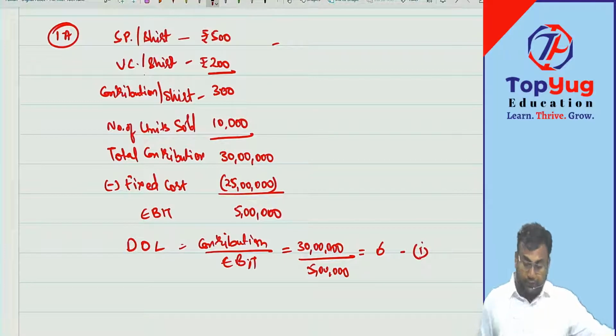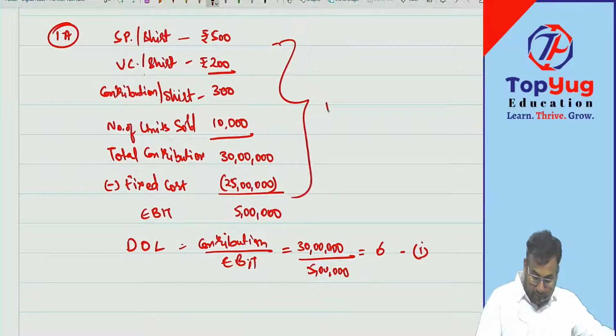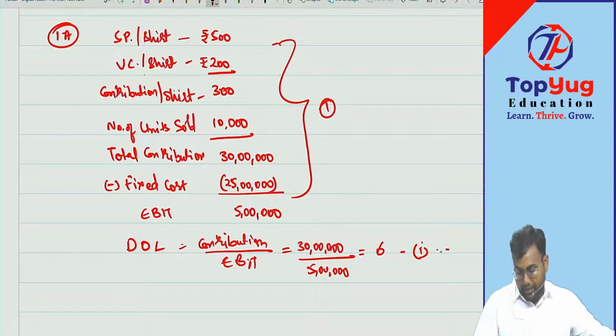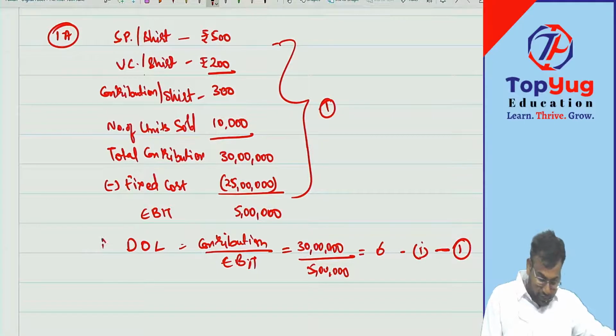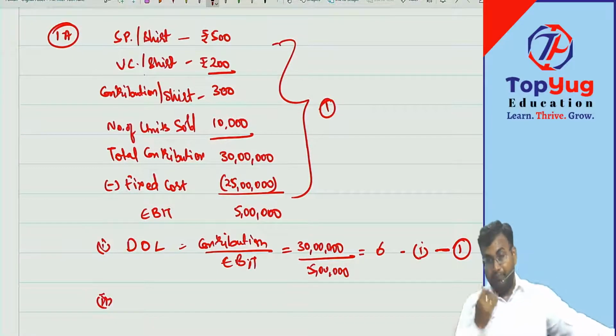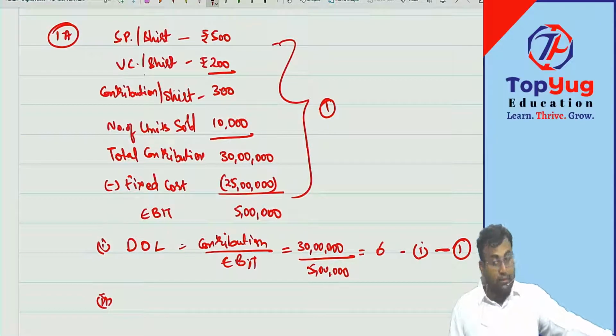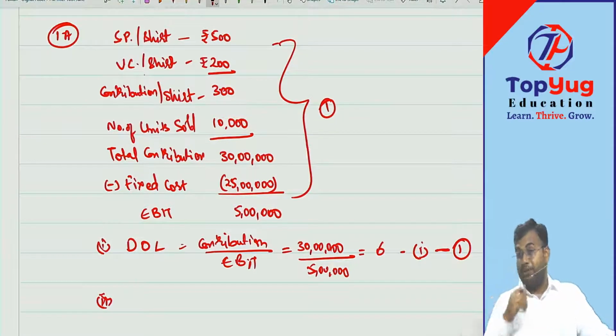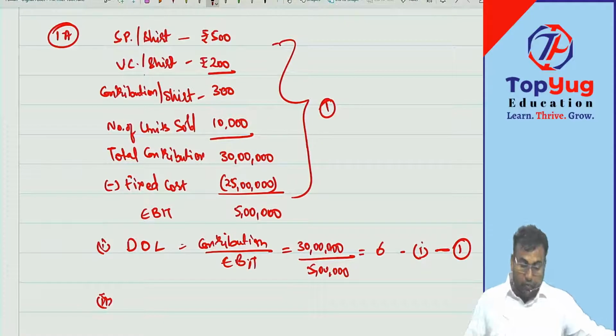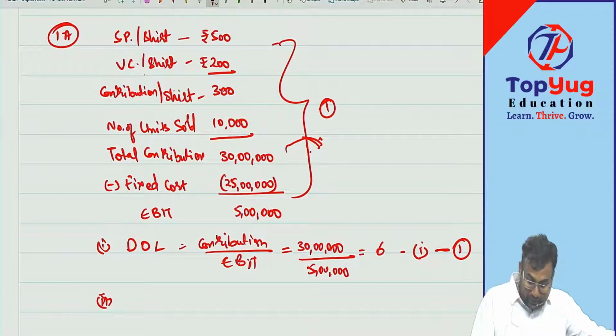Basically, if this question comes for 3 marks, we'll get 1 mark for this, 1 mark for this, and there is one more bit, that is what would be the impact on EBIT if the sales, or you can say contribution, increases by 10%. One pretty simple way is to increase this by 10%, so that would be 33 lakhs.